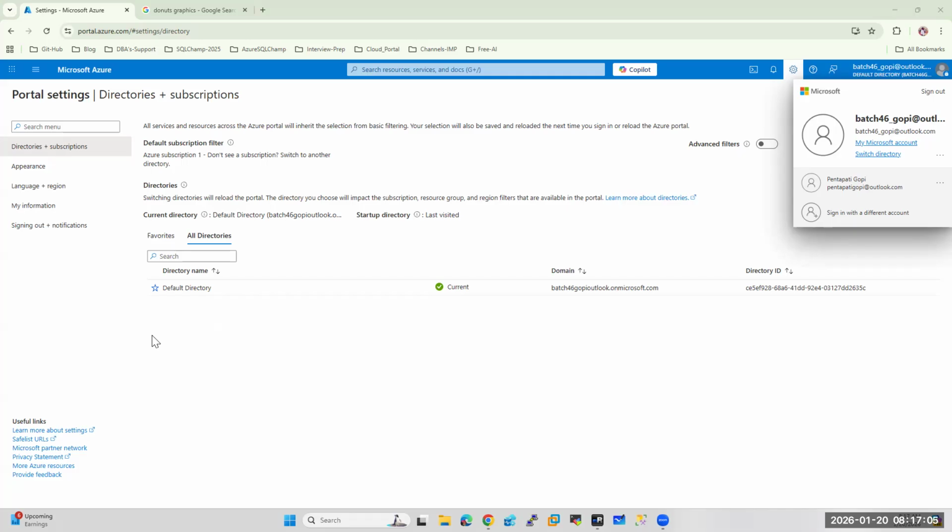So maintain a proper Excel sheet with your client name, your email address, your password, the expiry of the password, and the Azure portal link if they are not using portal.azure.com, and their Azure credentials. Everything you need to make a note of. Otherwise, definitely it's the biggest problem for us.